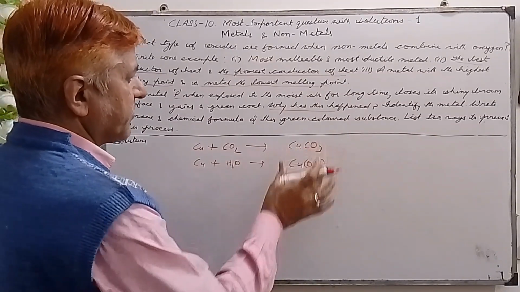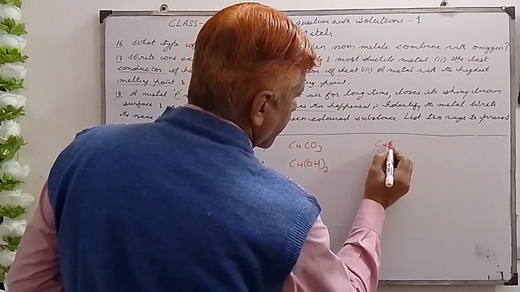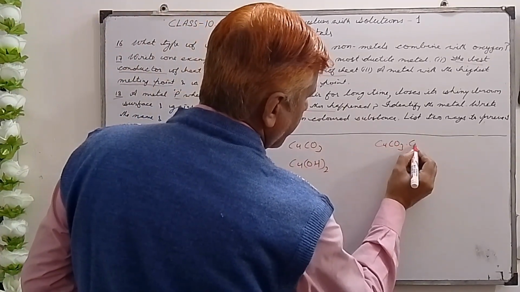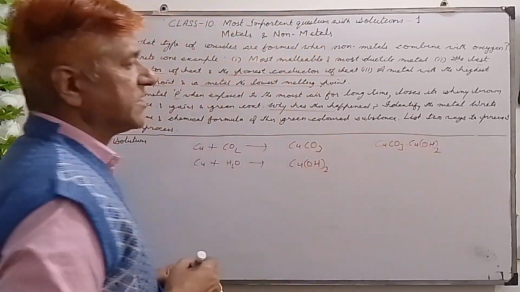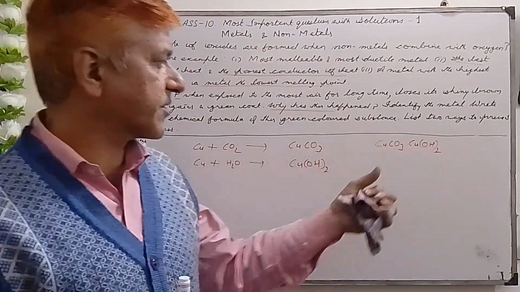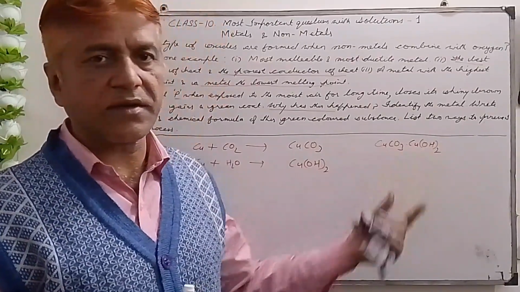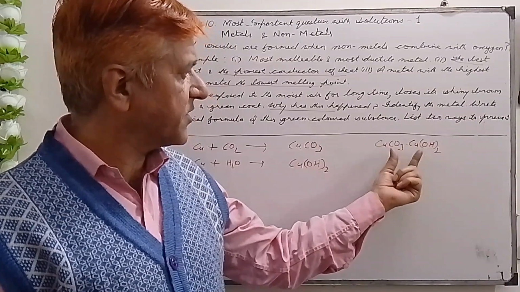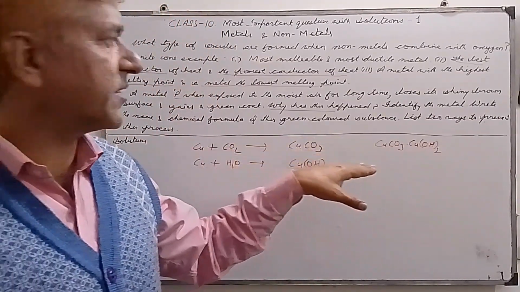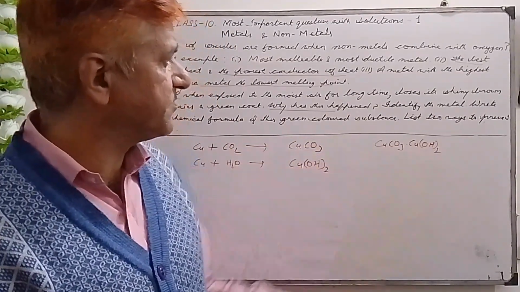So the chemical formula for this green substance is copper carbonate and copper hydroxide. My dear students, please remember this. This is the chemical formula of the green colored substance which covers copper metal when it corrodes.